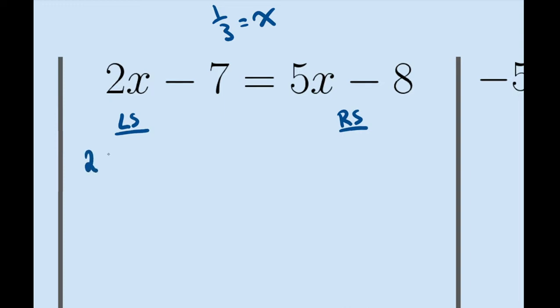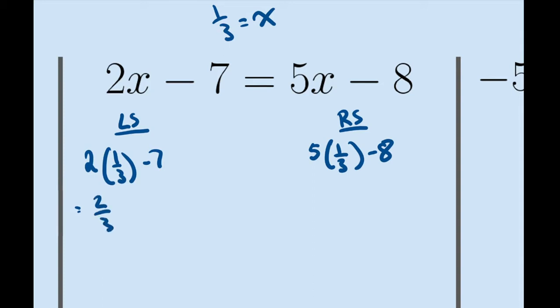We have 2 times 1/3 minus 7. And on the other side, we have 5 times 1/3 minus 8. So this works out to 2/3 minus 7. And this works out to 5/3 minus 8.